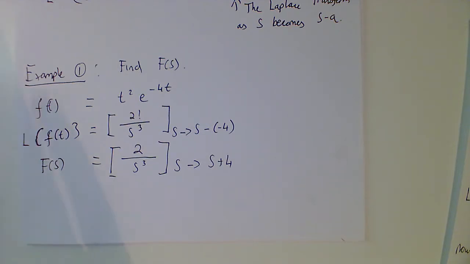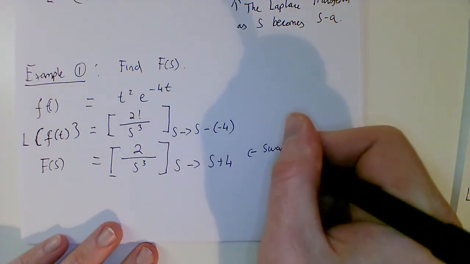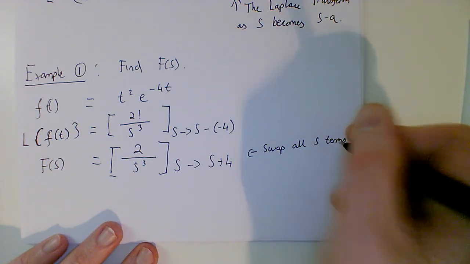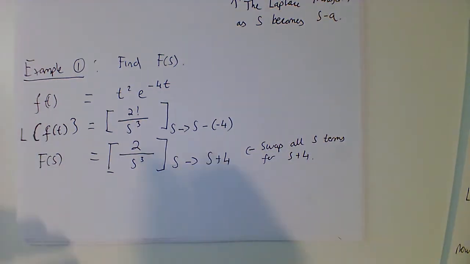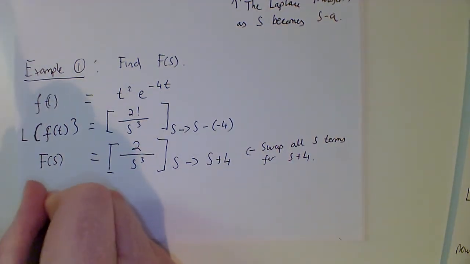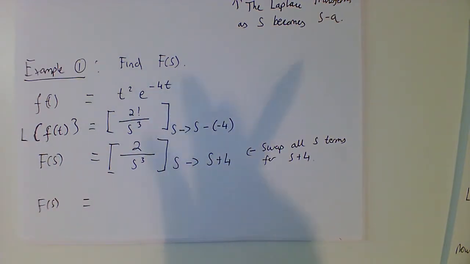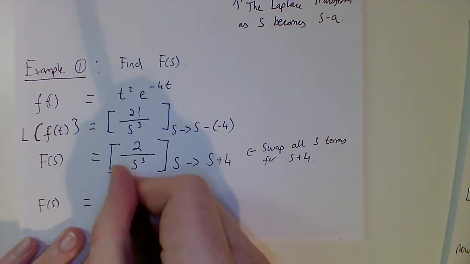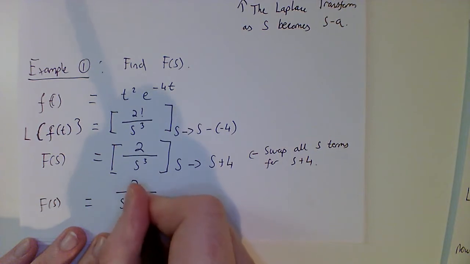Now, this means that we swap all s terms for s plus 4. And as soon as we've worked out what that means, the square brackets fall away, and all our s's become s plus 4.